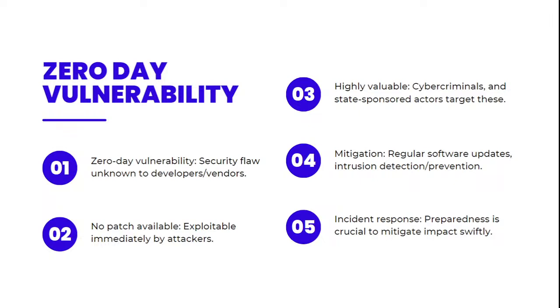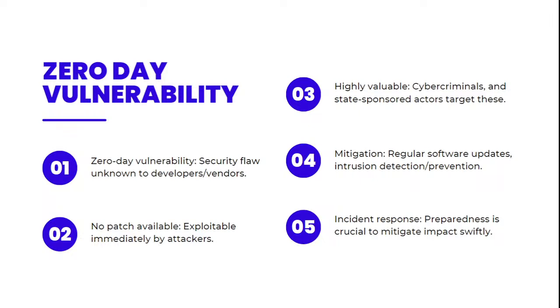Now, what are the requirements, how can you mitigate, and what is the blue team going to do when they identify some suspicious activity? A 0-day vulnerability is unknown to people. Whether developer or vendor, none of them has any idea about this vulnerability.